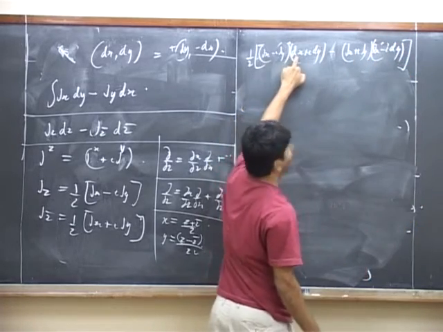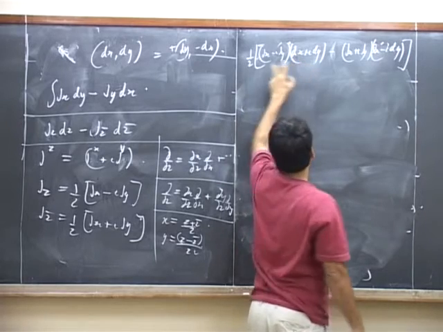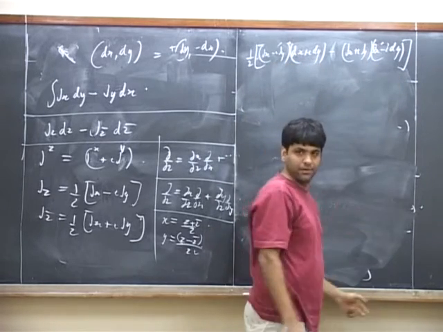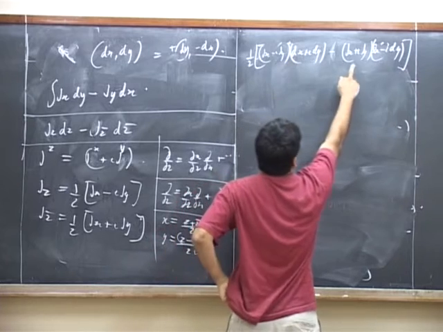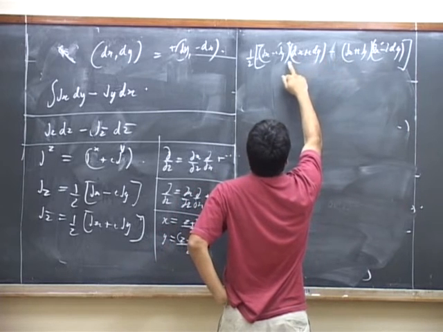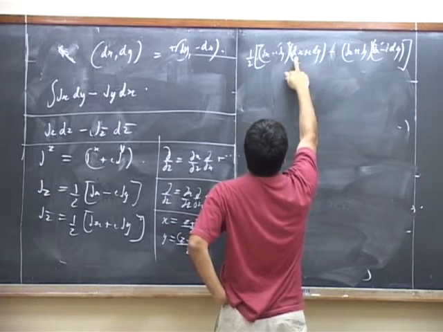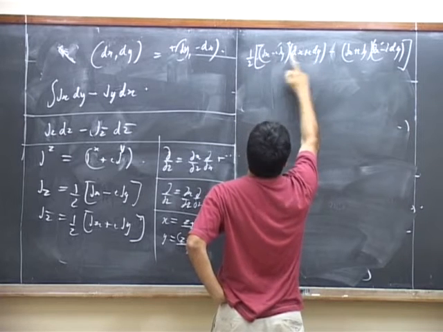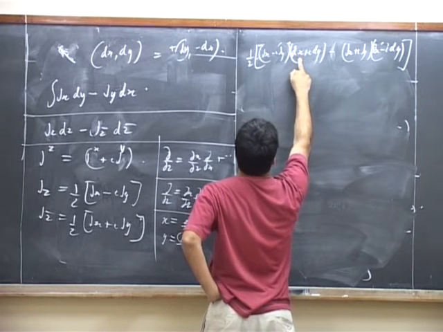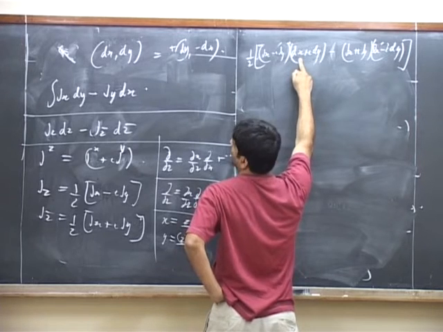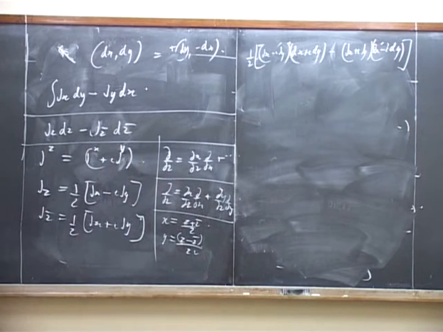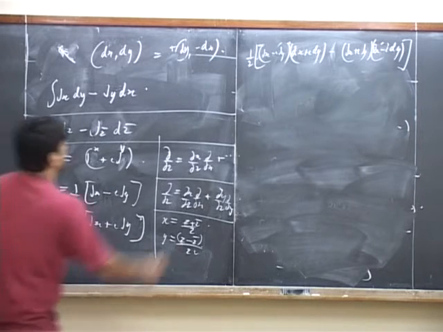Now you can see that the jx dx terms cancel, and the jy dy terms cancel. What remains are the jx dy and jy dx terms, and I've got a factor of i. So let's work it out.